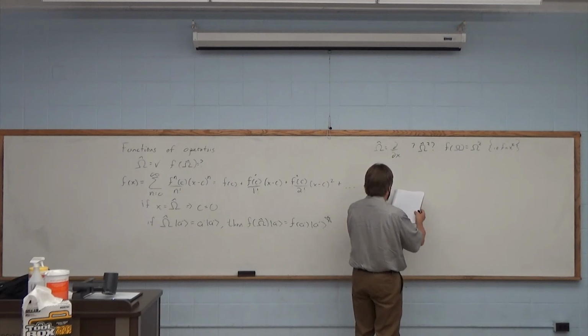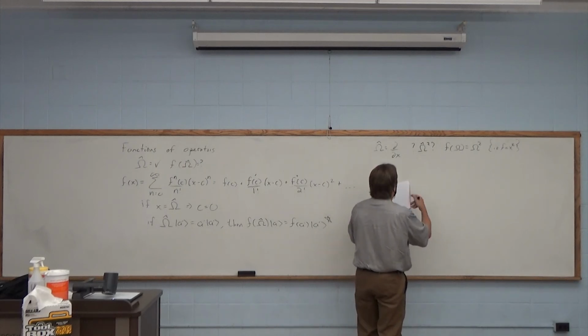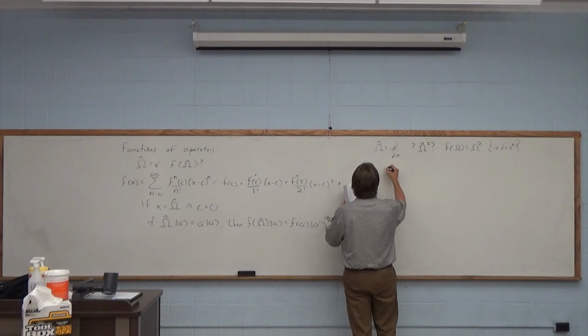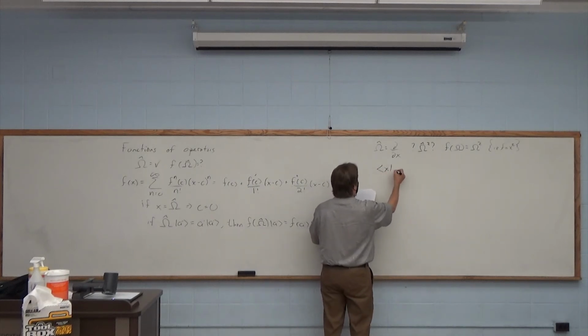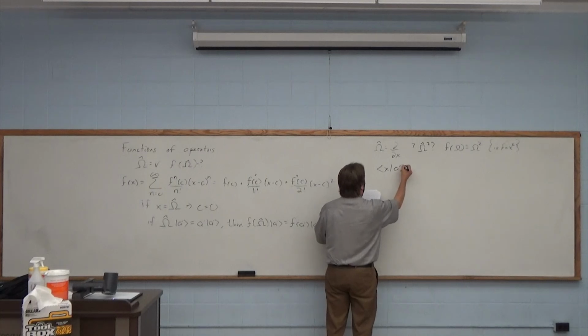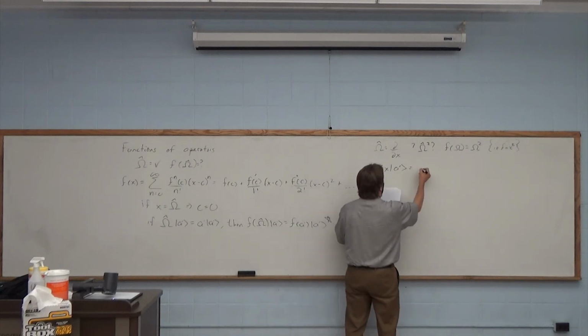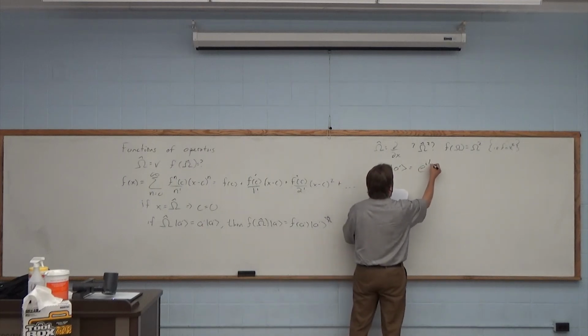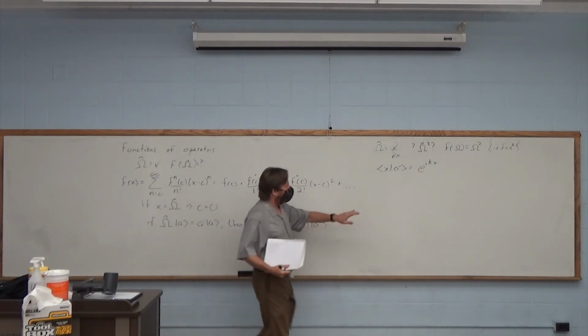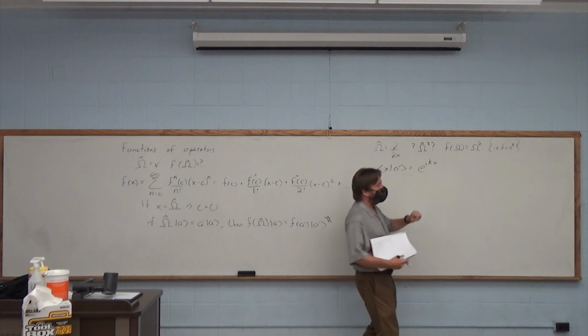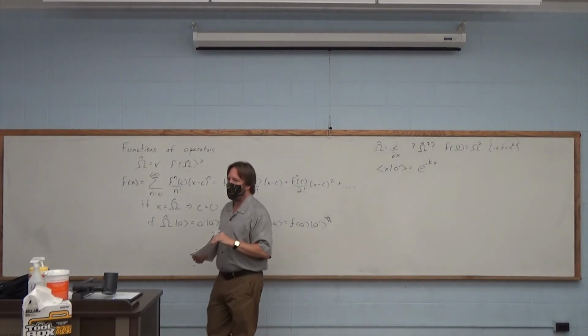Okay, so what do we do? The state, you know what? I'm going to go ahead and preview a little bit. You don't know this yet, but I'm going to go ahead and preview. I didn't say that the ket was e to the ikx because it's not.